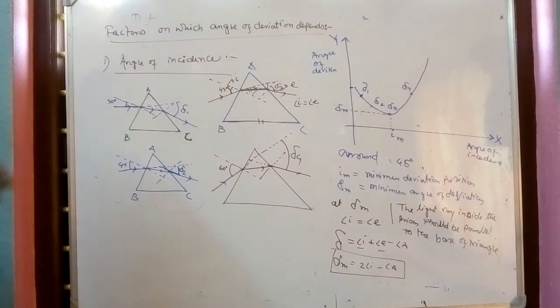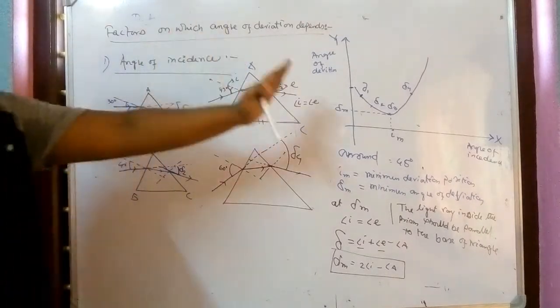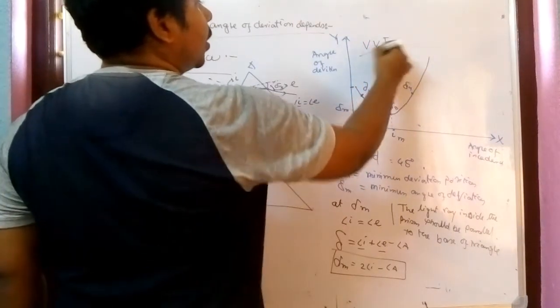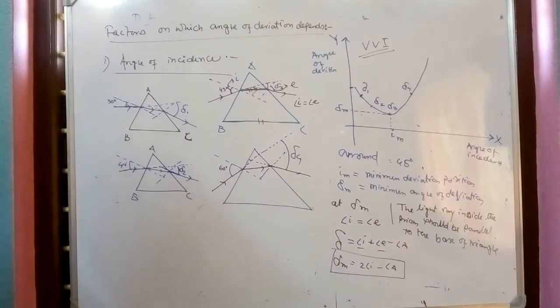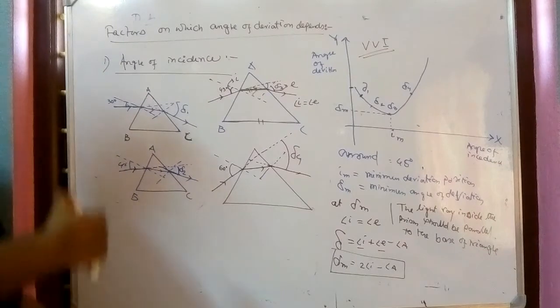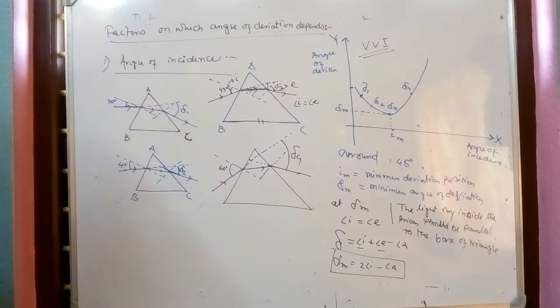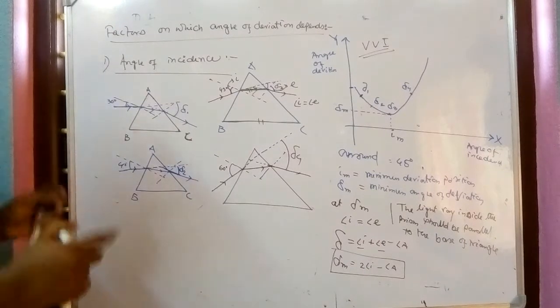This graph is very important. You have to practice this graph to show how the angle of deviation changes with the angle of incidence. I think this concept is clear.